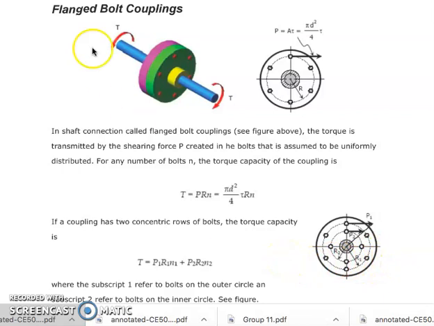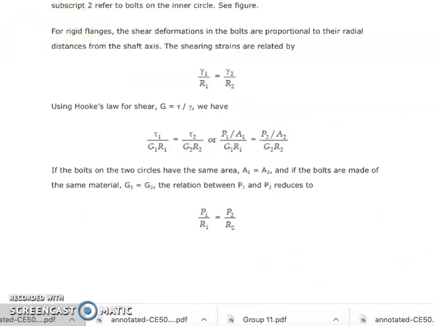For rigid flanges, the shear deformations in the bolts are proportional to the radial distances from the shaft axis. Therefore, the shear strains are related by this expression. The shear deformations are proportional to the radial distances, and we can express that mathematically as deformation over radial distance for the outer concentric row of bolts to the inner concentric row of bolts.